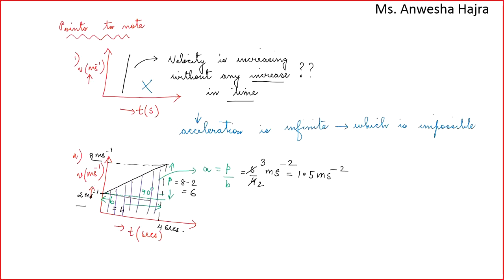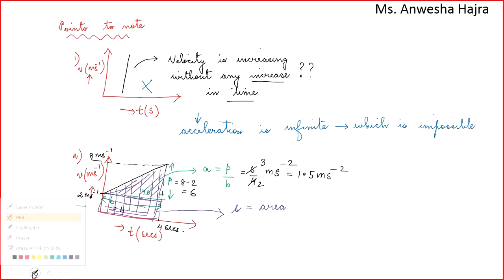Either you can find the area of the rectangle and the triangle and add up, or you can do it with the help of the formula of a trapezium. Now for the time being, for those who don't know the formula of a trapezium, I am finding out the distance covered by the area of the rectangle and the triangle.